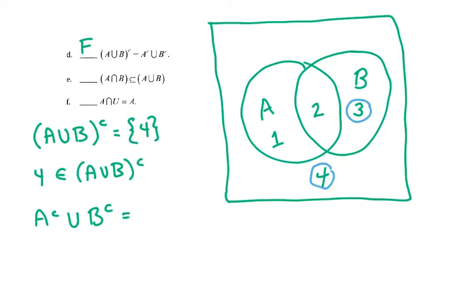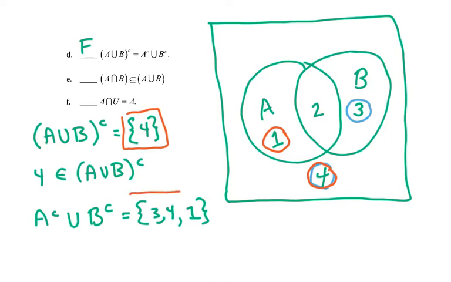Now, A complement union B complement, well, A complement includes 3 and 4. So this is the set that contains 3 and 4, together with B complement, which contains 1 and 4. So we just need to put the 1 in there. And so these two sets are not the same. This is the reason they're not equal.